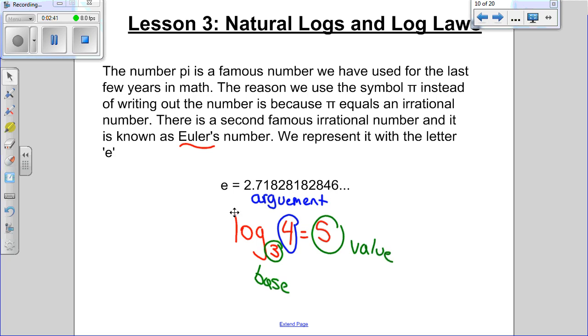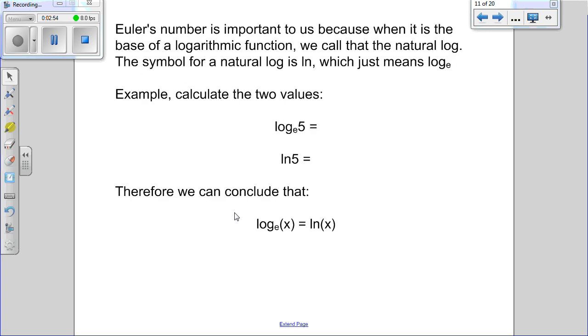The way Euler's number gets used in logs is they use it as the base number. So you'll see log base E. That's how they use Euler's number. They call that the natural log. Instead of actually writing it out as log base E, they write it out a different way. For instance, we're going to calculate log base E of 5.